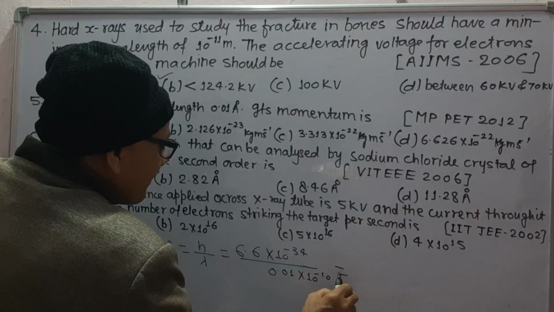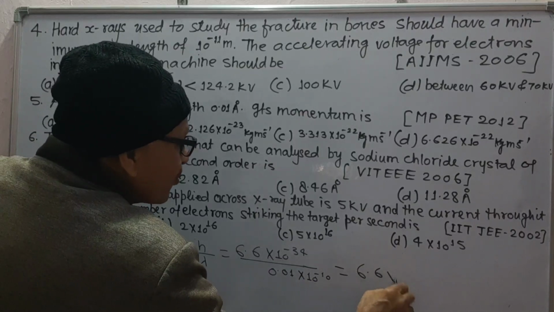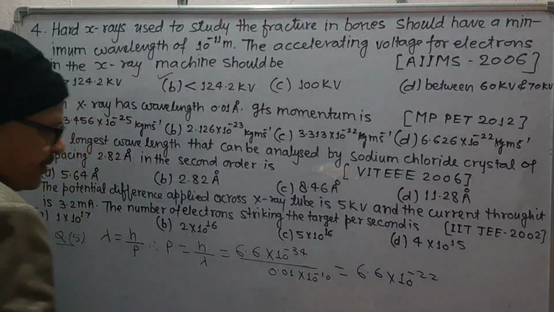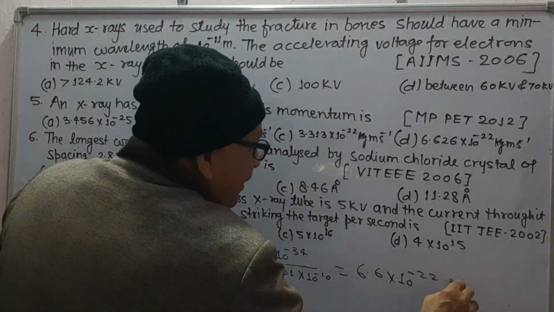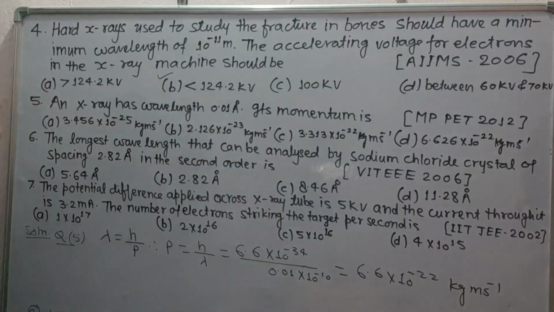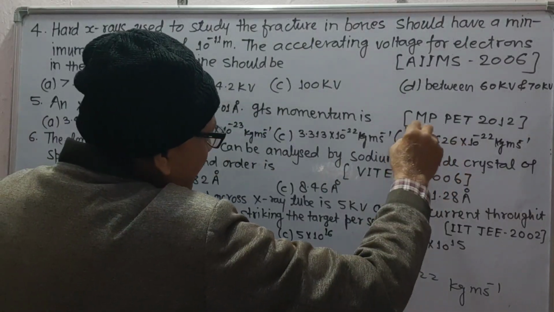So, it gives 6.6 into 10 to the minus 22 kg meter per second or Newton second. So, the correct option will be D.